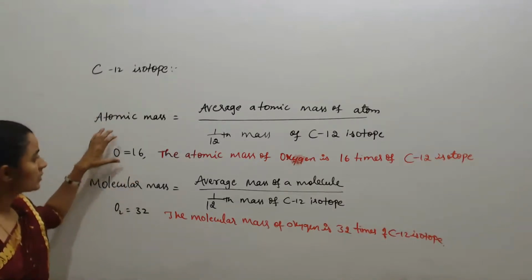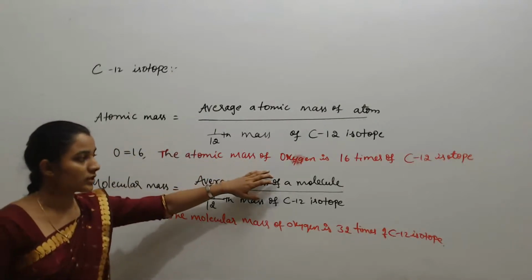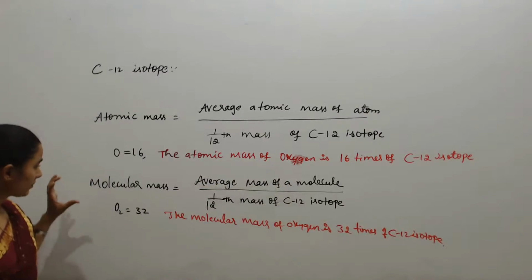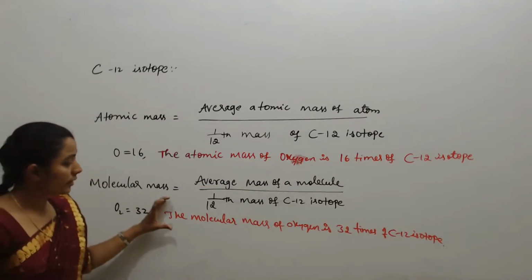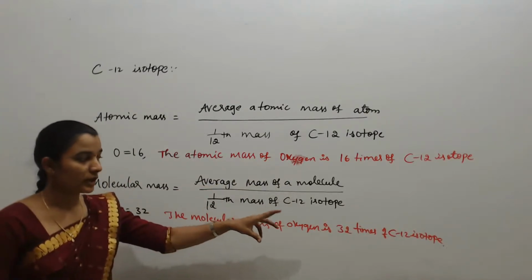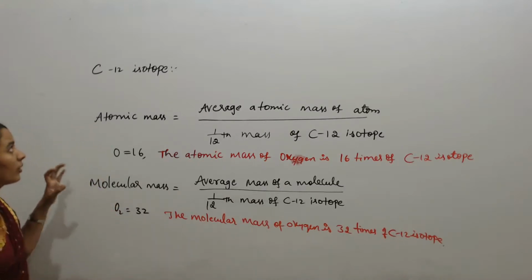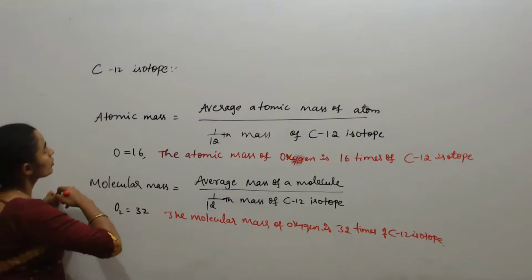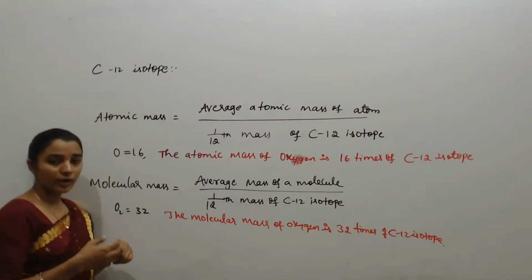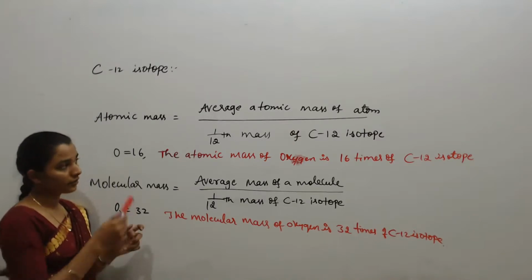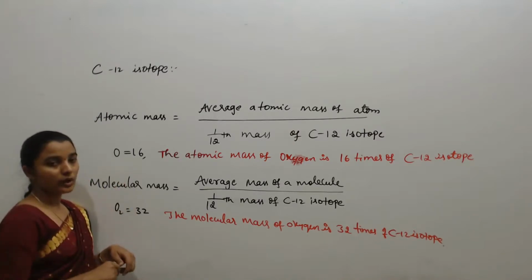So atomic mass means the atomic mass of oxygen is 16 times the C12 isotope, and molecular mass means the molecular mass of oxygen is 32 times the C12 isotope. At that time we had only one well-known isotope, carbon 12, so every atom's atomic mass and molecular mass was calculated by comparing it with the carbon 12 isotope.